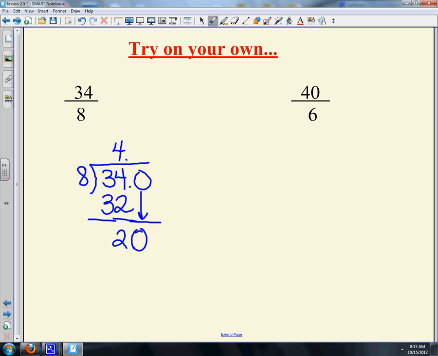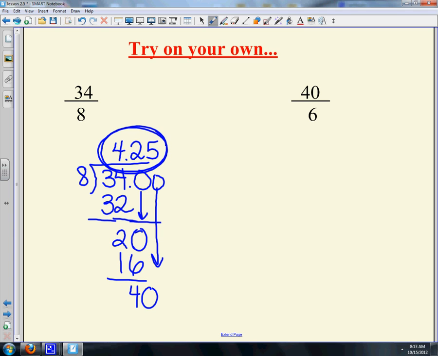So 8 goes into 20 2 times, which is 16. I am just going one more step because I noticed that it was a 4, and if I bring my 0 down, it goes in 5 times. So 4.25. If you stopped at 4.2, that's fine, as long as you show all of your work.